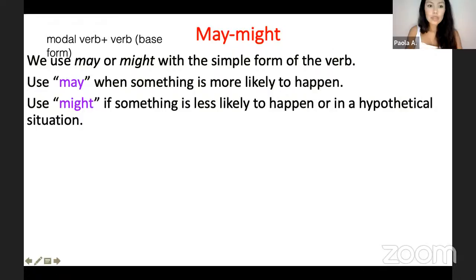We use may when something is more likely to happen, and might is less likely to happen. Let's say may is 70% likely to happen and might maybe 50%. So we're talking about possibility. Pay attention to that.